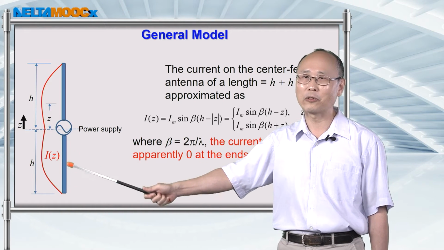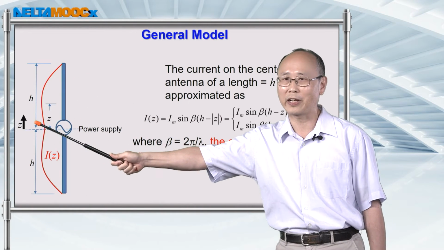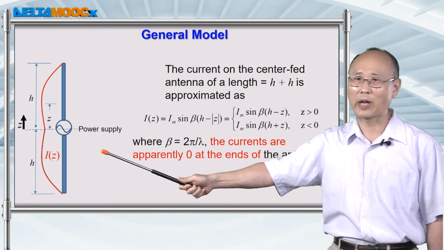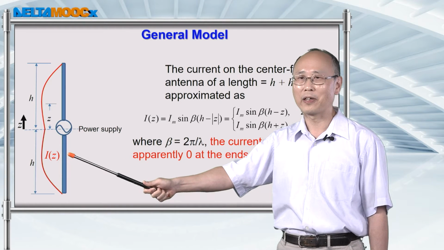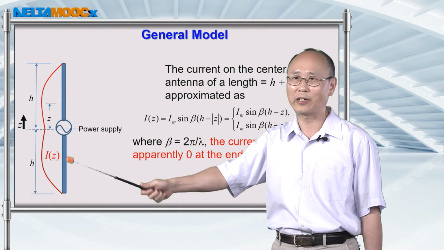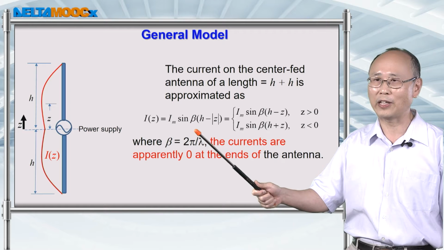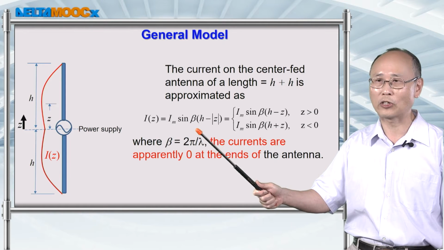Basically, the current will be oscillating up and down on this antenna along this z direction. So this means that we have to write down a formula that describes a standing wave of the current along z direction. And everybody knows that when you describe a standing wave, you use a sinusoidal function.